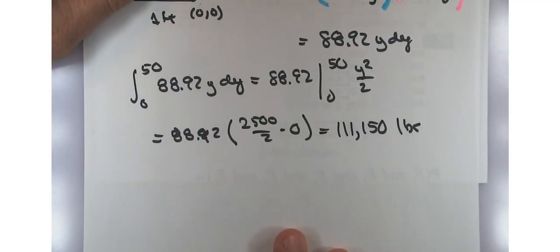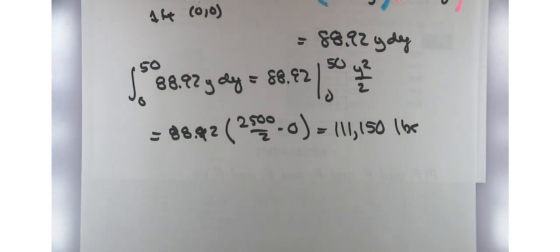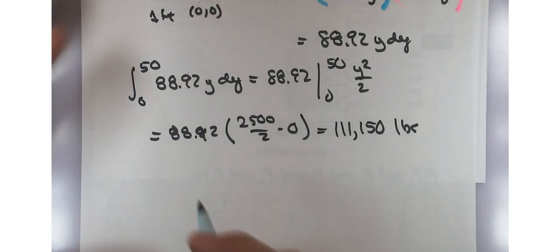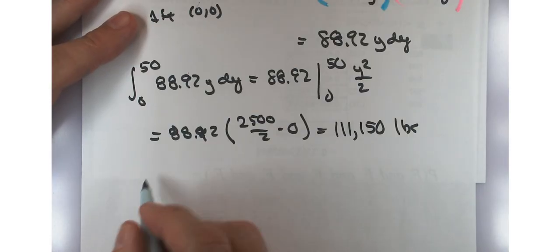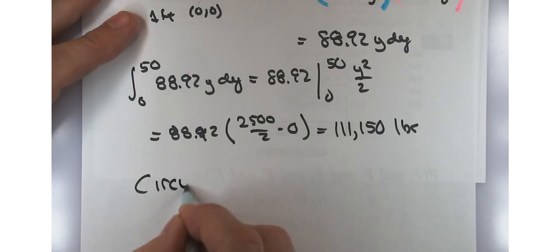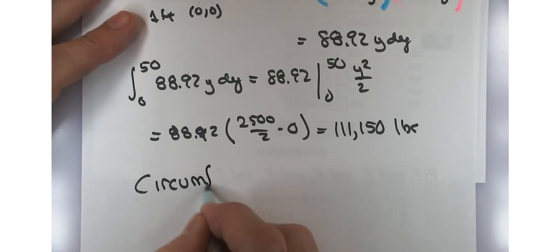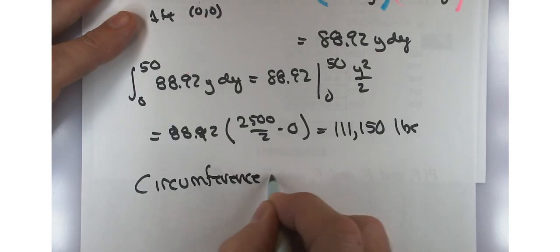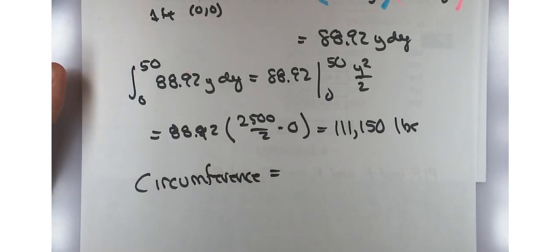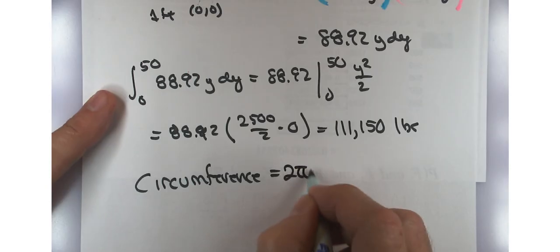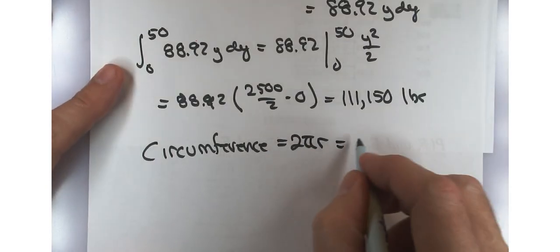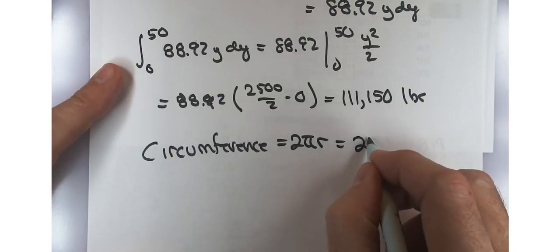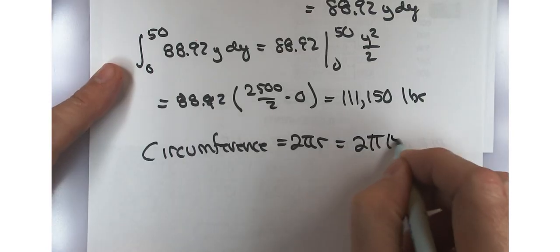Now, the question is, how far around was that tank? Keep in mind that it had a radius of 45 feet. So if I want to find the circumference, what's the formula for circumference? 2 pi r. So it's going to be 2 times pi times 45, or 90 pi.